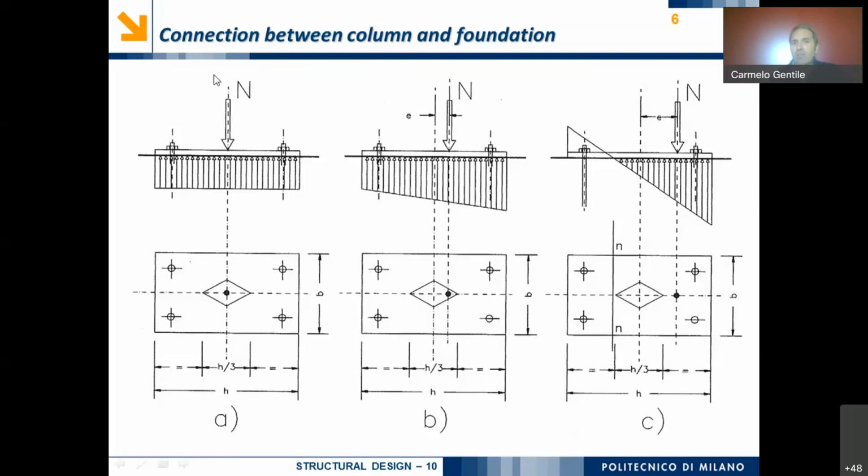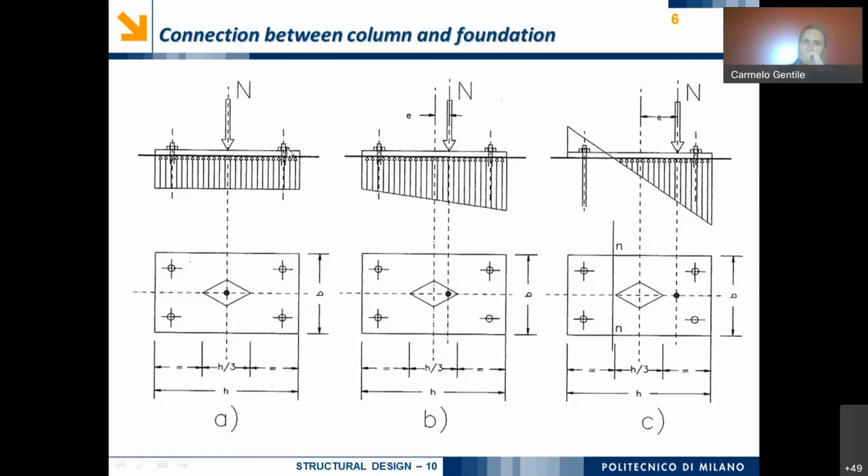The plate is connected by welding to the columns, but also this plate is resting on a reinforced concrete block, and the connection is generally completed by some long bolts that are connected to the foundation block, and there are also some steel plates that are orthogonal to the main steel plate.